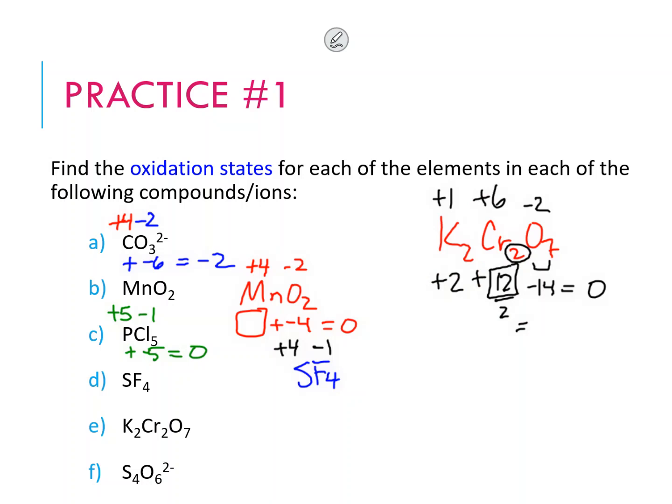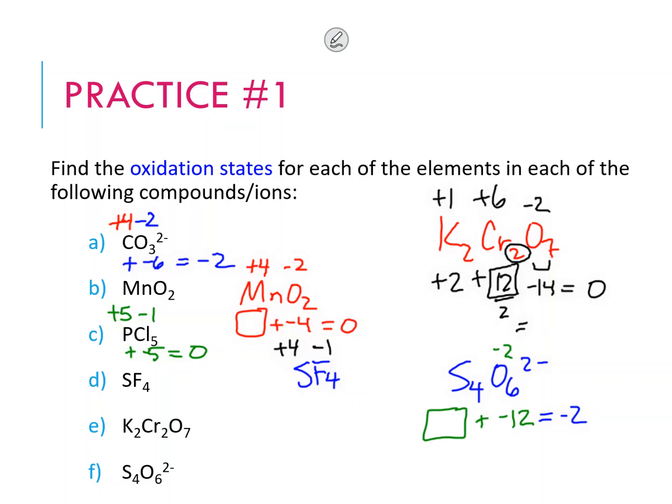Follow me so far? And for the last one here, I think this is called tetrathionate. It's an interesting polyatomic ion. S4O6 minus 2. So that means this one has to add up to minus 2. Now, we know the oxygen's going to carry minus 2, and that's going to be minus 12 here. Okay? Oh, this is the fraction.